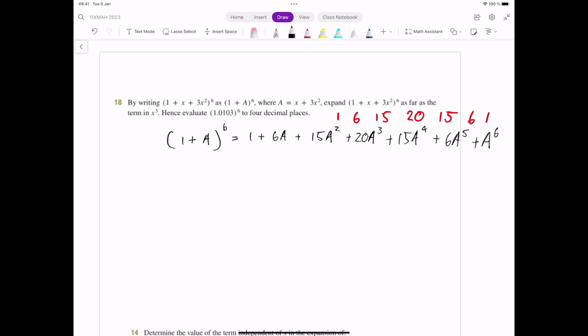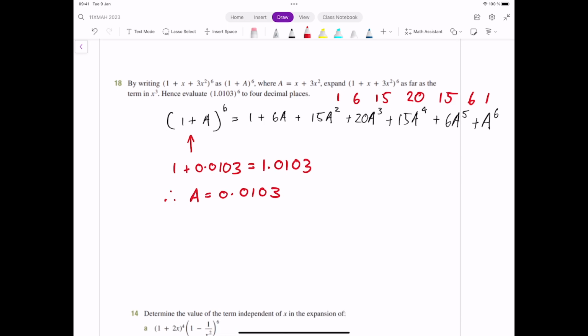Now, what I've noticed with this is that 1 plus a, well, we can rewrite that as 1 plus 0.0103, and that's the same as 1.0103. So therefore that would make a equal to 0.0103.